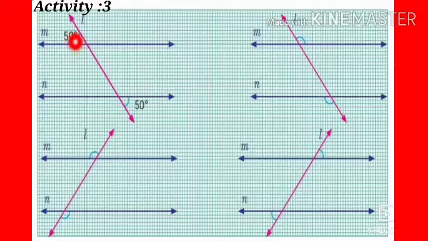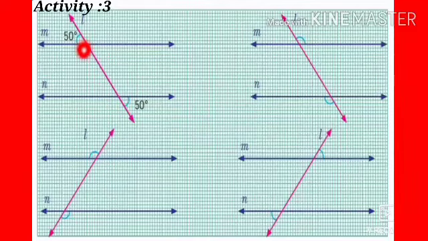So students, here this angle measures 50 degree and the remaining part of this linear pair measures 130 degree. Here also the same thing. This measures 50 degree and here it is 130 degree.